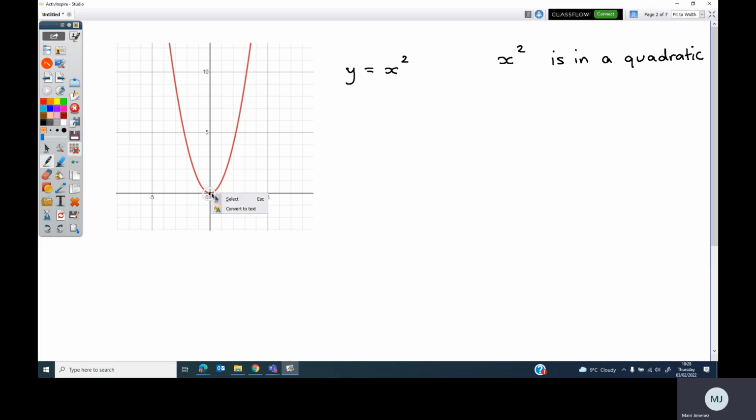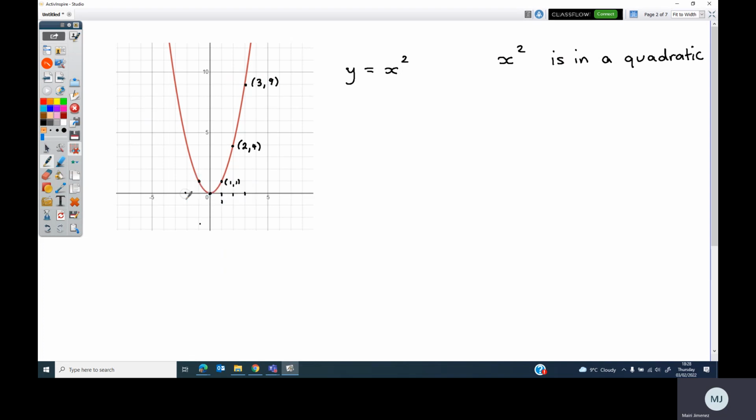It goes through 0, 0. This is 1 along and 1 up, so that's 1, 1. 2 along, 4 up. And then 3 along, 9 up. The next one's off the screen. We can also look at what happens on the other side.